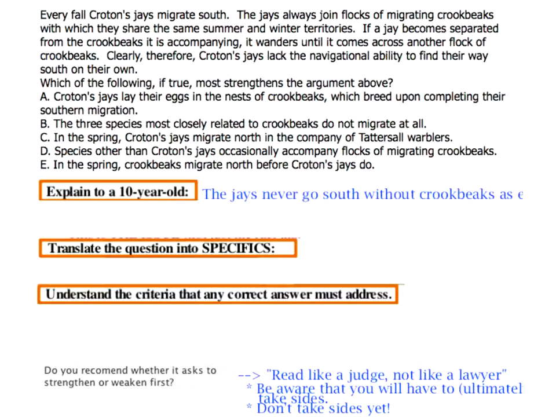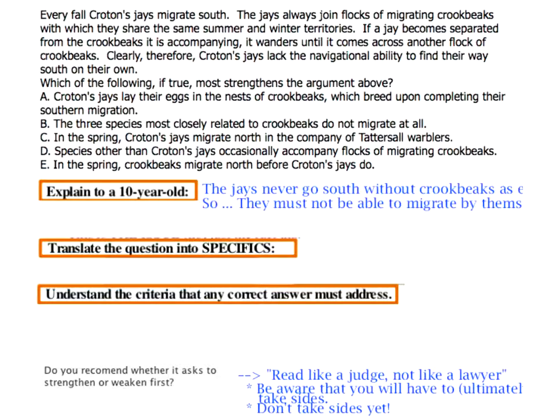Even if they get lost, they just wait for another crook beak to happen along. And so what that means, according to the speaker, is that they must not be able to migrate by themselves. There we go.